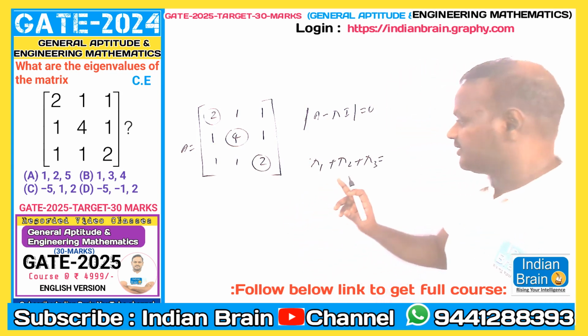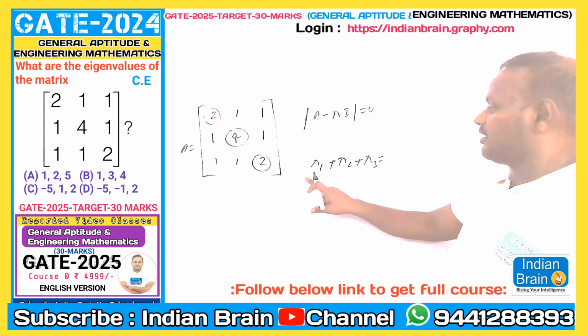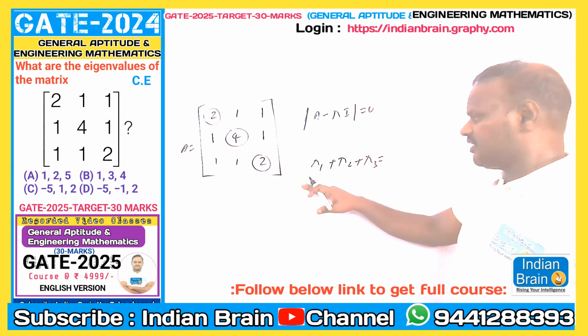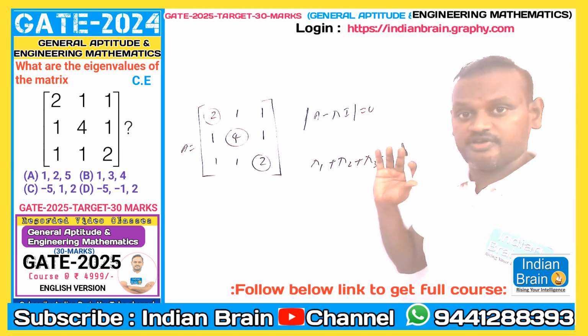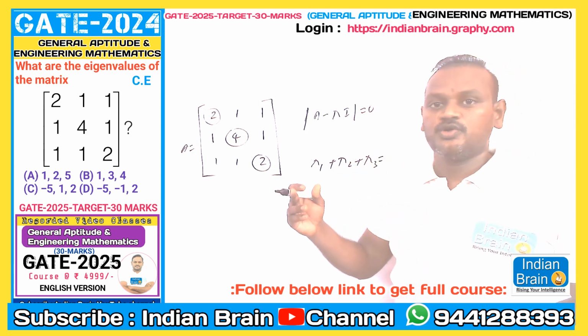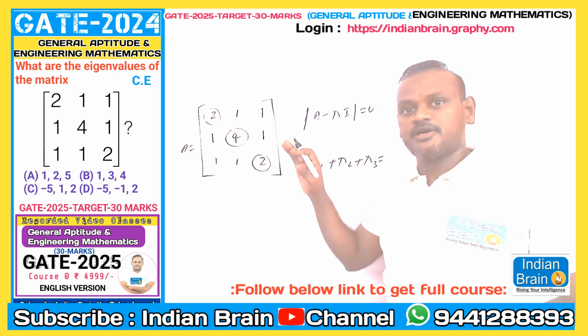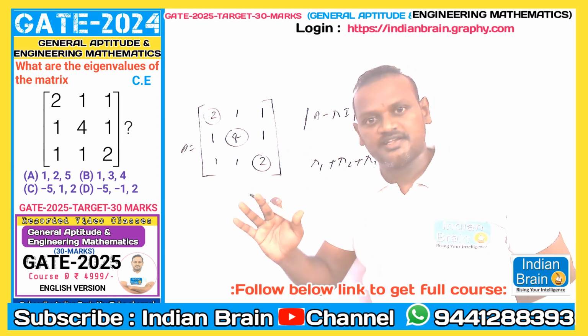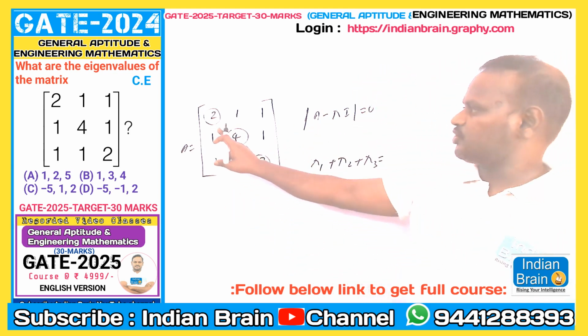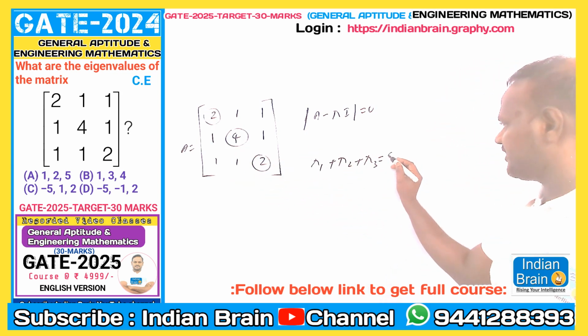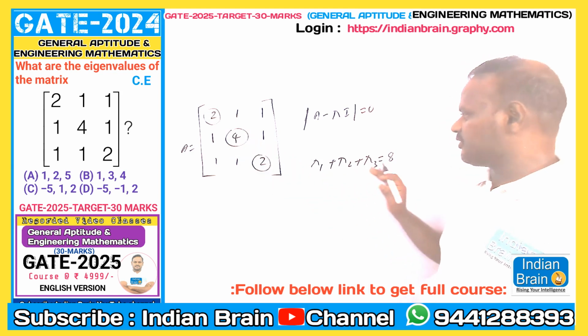Come again. The sum of the roots of a cubic equation is equal to the sum of the principal diagonal elements of the given matrix. Find the sum here. 2 plus 4 plus 2 will be 8, right? Yes.